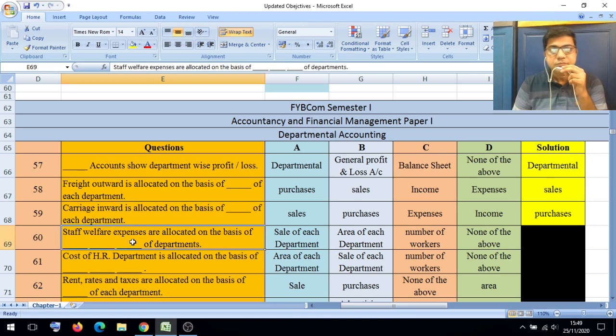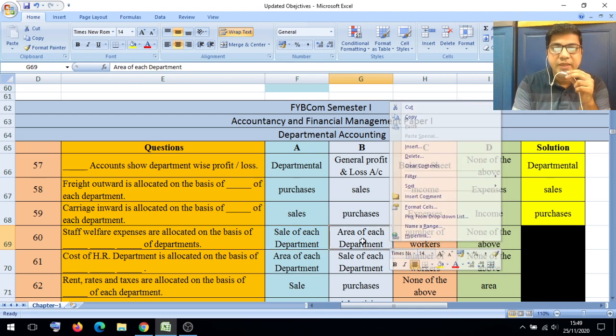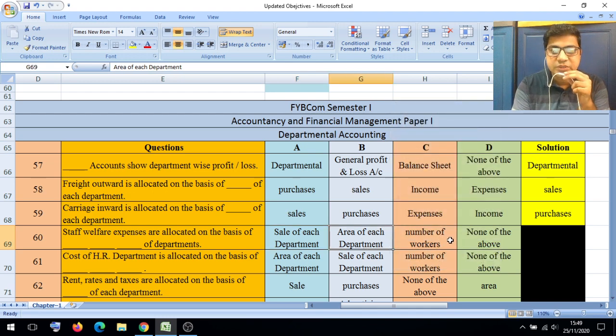Next, staff welfare expenses are allocated on the basis of dash of department. Option A, sale of each department. Option B, area of each department. Option C, number of workers. Option D, none of the above.